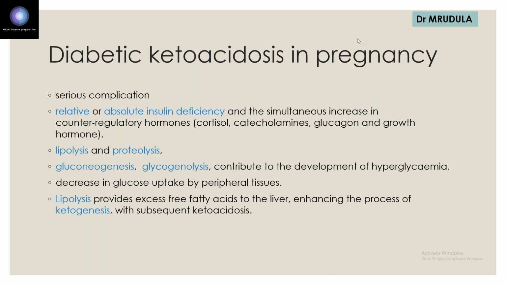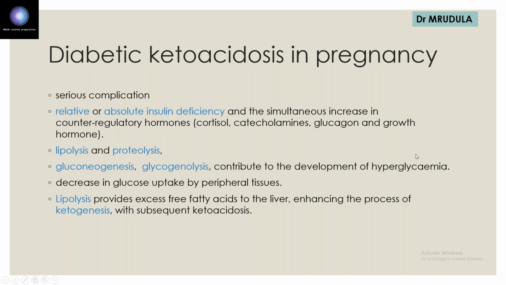Then lipolysis will cause an increase in the free fatty acids, which are responsible for ketoacidosis. Okay, so increased production of ketones will lead to ketoacidosis. So these are basically the metabolic disturbances that occur in diabetic ketoacidosis: lipolysis, proteolysis, gluconeogenesis, and glycogenolysis. These are the four major disturbances.